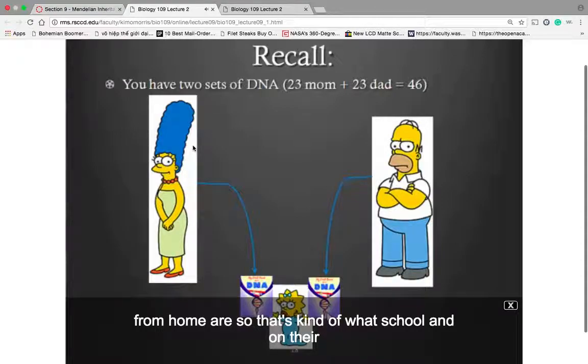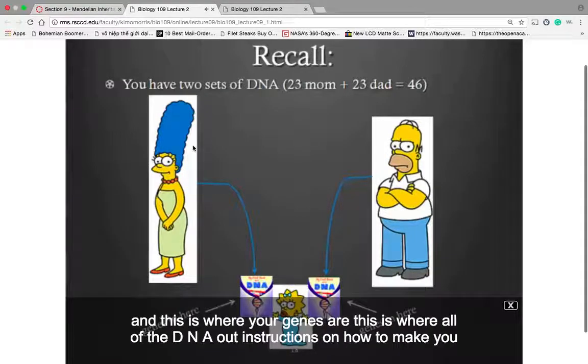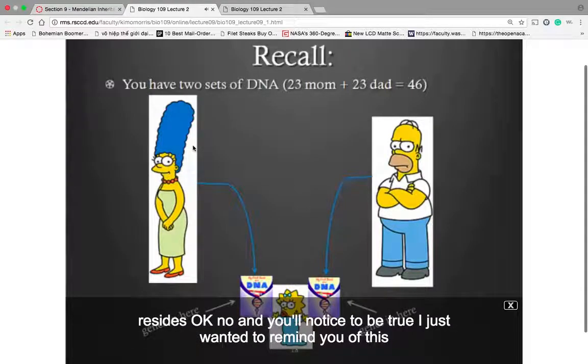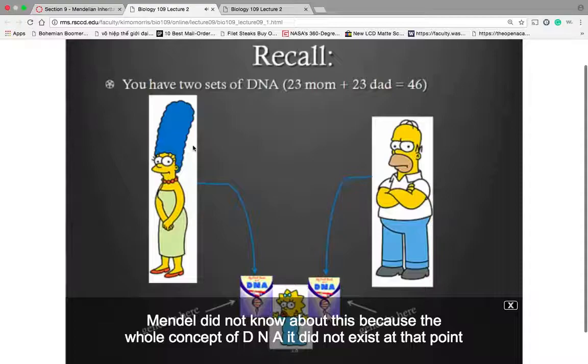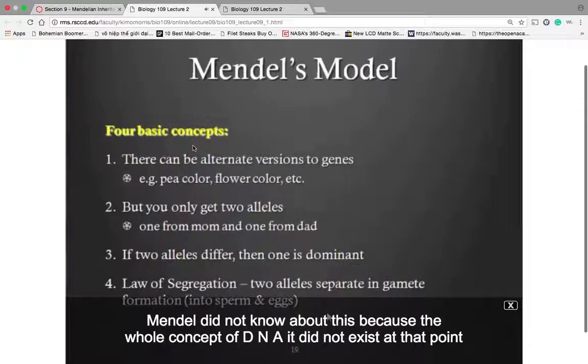So that's kind of what's going on there. And this is where your genes are. This is where all of the DNA instructions on how to make you resides. Okay, now you know this to be true. I just wanted to remind you of this. Mendel did not know about this because the whole concept of DNA did not exist at that point.